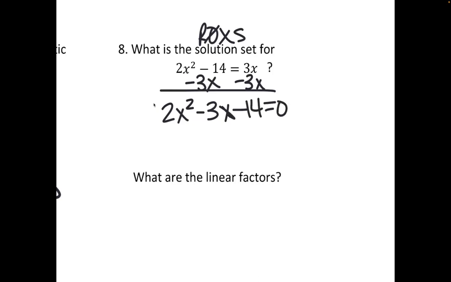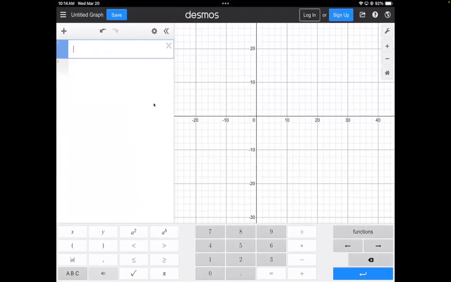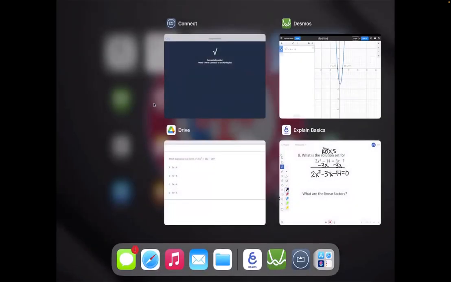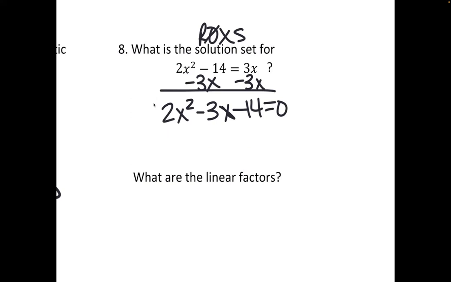So if we graph 2x squared, a lot of this you can do in the Desmos calculator. Just make sure you read and pay attention to what it's asking for. So -2 and 3.5 are my roots. So I'm going to write x equals -2 and 3.5 and put that in braces.